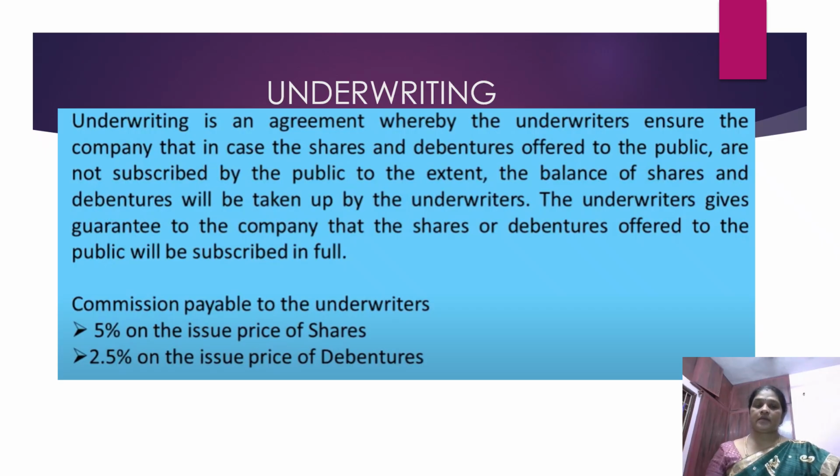The underwriters give a guarantee to the company that the shares or debentures offered to the public will be subscribed in full. The underwriters work under an agreement made between the company and the underwriters. They also work for a commission payable to them, that is 5% on the issue price of shares and 2.5% on the issue price of debentures.